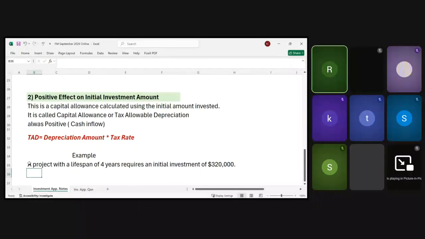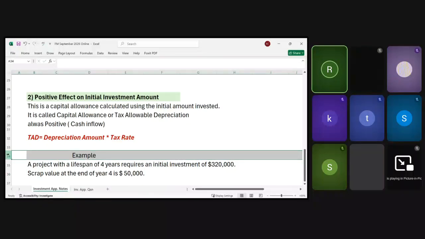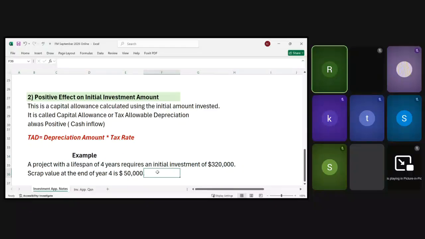Scrap value at the end of year 4 is $50,000. So scrap is the amount which we can actually trade in with our machine at the end of the project. So this is a cash inflow.